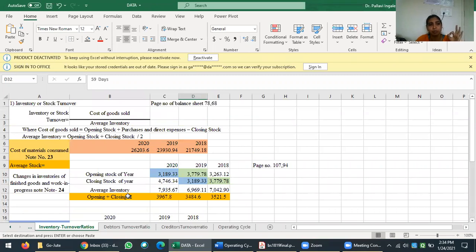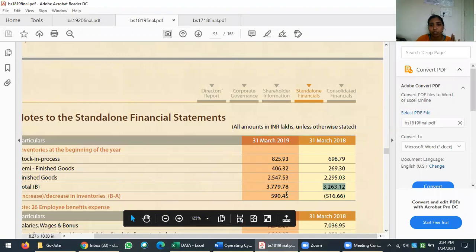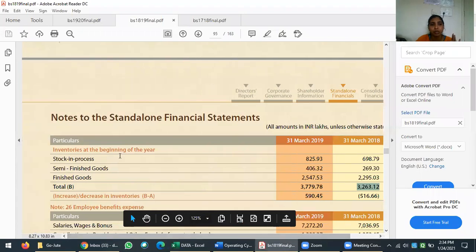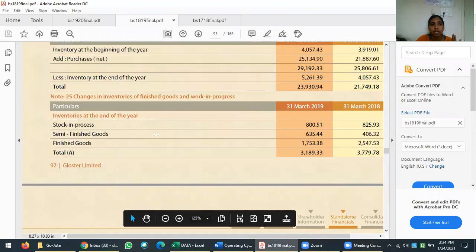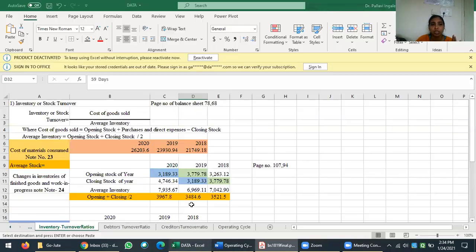3 parameters you have to see. The first thing is what? Cost of material consumed from P&L. Then change in inventory of finished goods and work in progress from P&L. Okay, how to see that: working note 24 that I have shown you, you have to go to the particular working note. You have to see the beginning and the ending inventory to calculate the average.